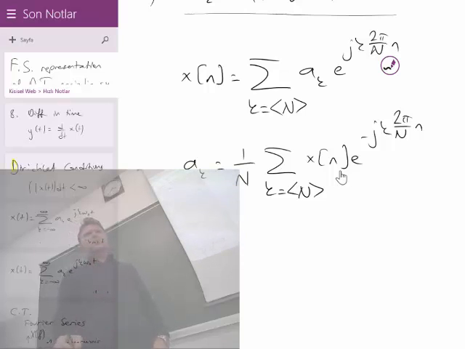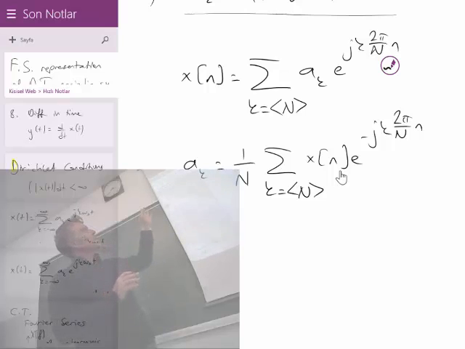And this 1 over n, previously in the integral formula for the Fourier series representation in time domain, there was a 1 over 2 pi and there was an integration. But apart from that, the exponentials are conjugates of each other. They are always like this. Okay? You can remember without looking at the formulas like this.